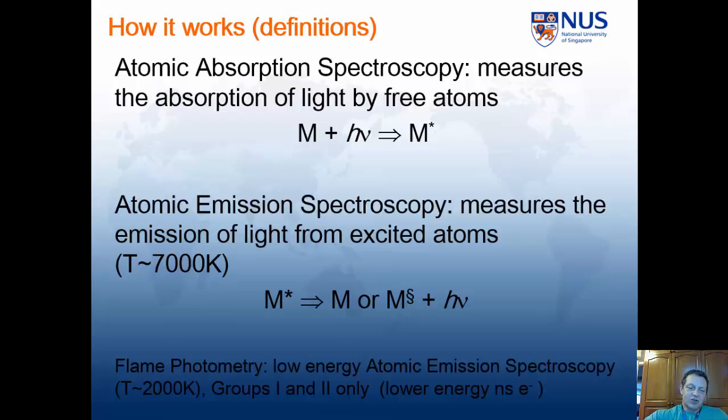Where did flame photometry, where did ICP come from? Well, probably the earliest emission technique that you've used is good old flame photometry. Effectively, you're in a flame at maybe 2000 Kelvin, so it's quite low energy.